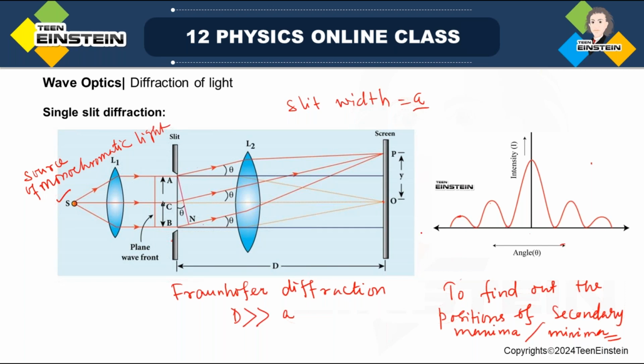So we are not going to do it mathematically. We will find the position of maxima and minima, or the conditions for secondary maxima or secondary minima to occur, by applying some tricks, logically, and from the knowledge of Young's double slit or interference experiment.